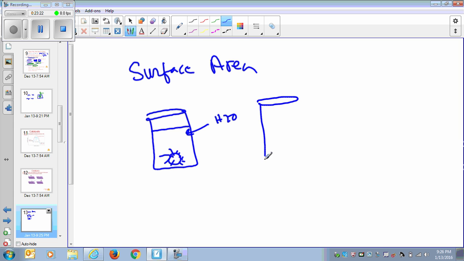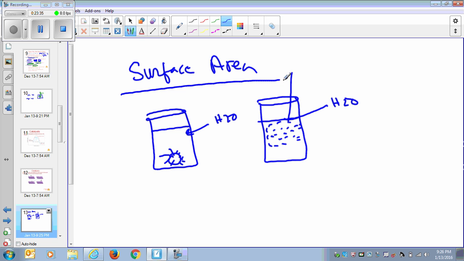But if I grind the Alka-Seltzer tablet and put the powder in, the reaction will go faster. The whole thing will react all at once because I increased the surface area. So increasing the surface area increases the rate of reaction.